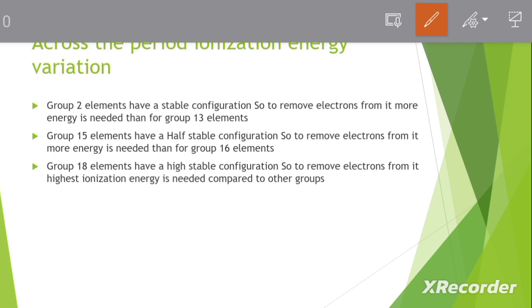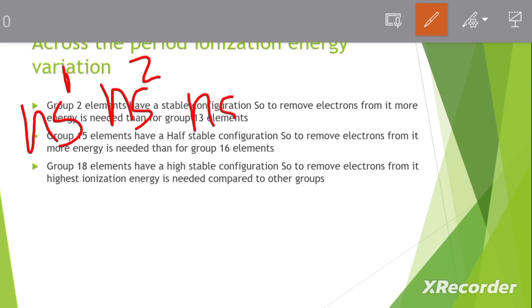So in the first group, elements like hydrogen, lithium, sodium are there. What is the common configuration of that? ns1. Moving to the second group, there are beryllium, magnesium like elements. So ns2 configuration can be there. Then in the third group, boron like elements are there. ns2 np1 common configuration is there.